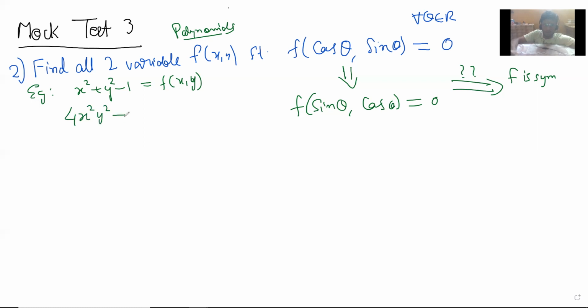4x square y square plus 4 into 2x square minus 1, this whole square. Wonderful. How did you get this?